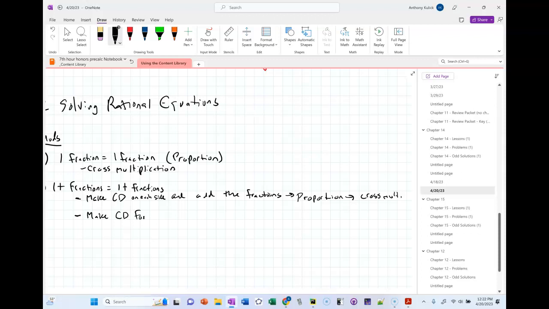Could make a common denominator for all the fractions. Then set the numerators equal to 0 and solve.